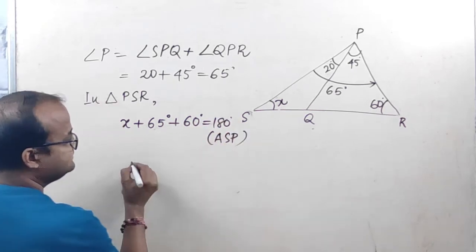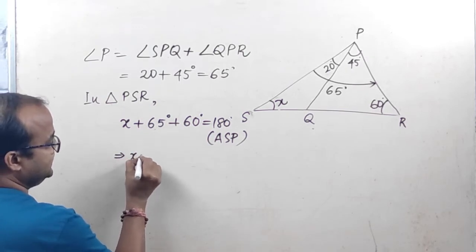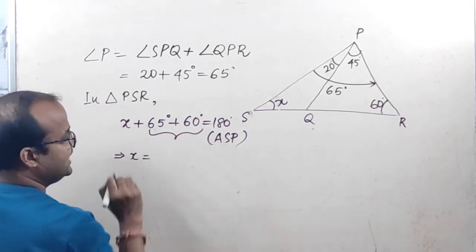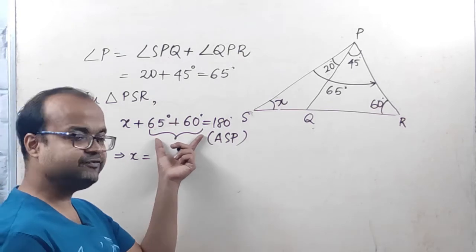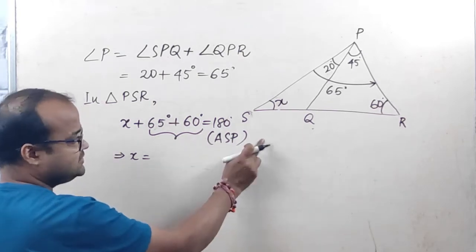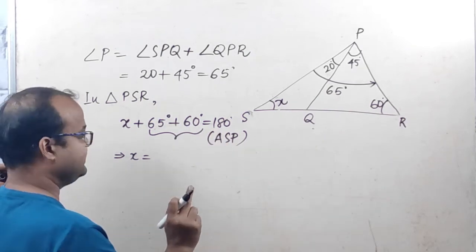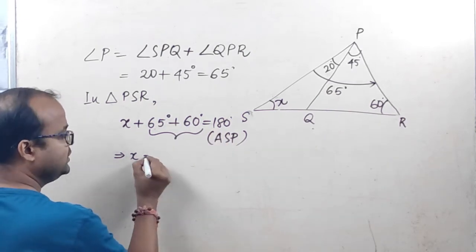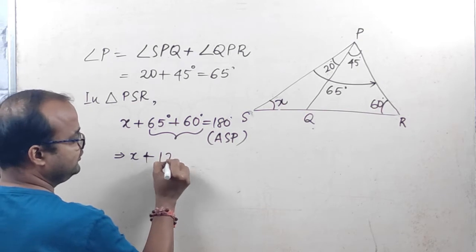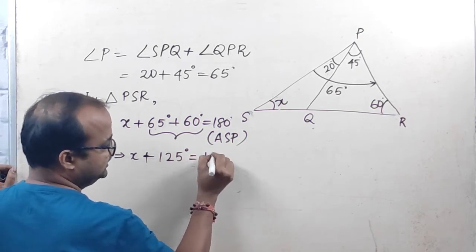Angle sum property. So we can say that if you add these two, we will get 125 degree, and if you shift the side, you will get 180 degree minus 125 degree, or you can write x plus 125 degree equals 180 degree.